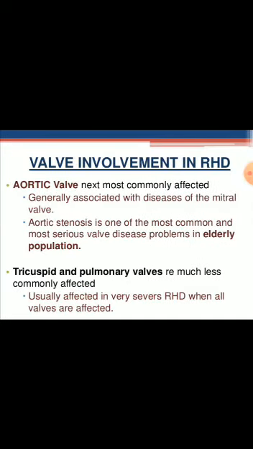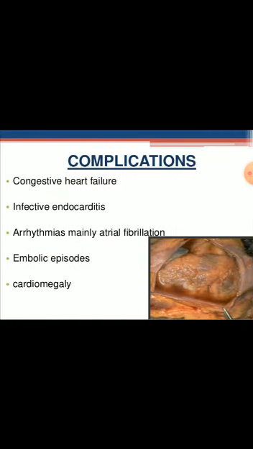Aortic valves are the next most commonly affected, associated with disease of the mitral valve, and it is most common and serious in the elderly population. Tricuspid and pulmonary valves are much less commonly affected, usually only in very severe rheumatic heart disease when all the other valves are also affected.